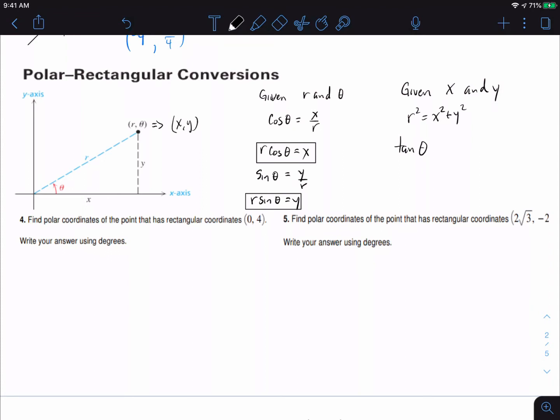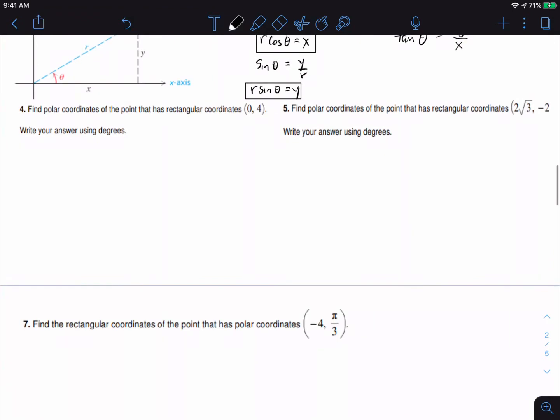Tangent of the angle is y over x. And we can solve problems that way. Okay? That's the basic information that you need to know to do these conversions. Now let me do some examples with it so that you guys can actually benefit from it. Okay? All right, so check this out.